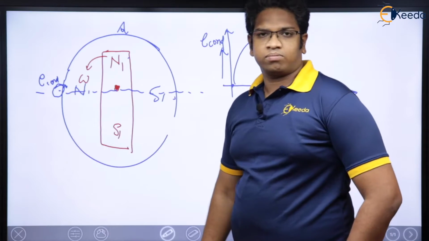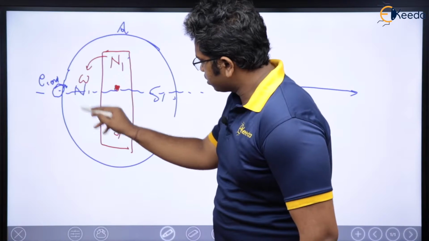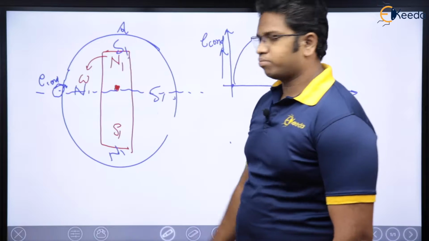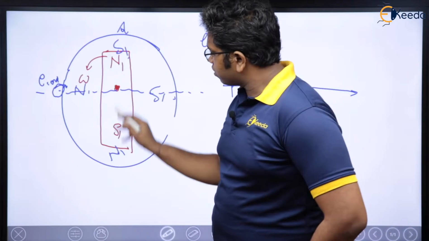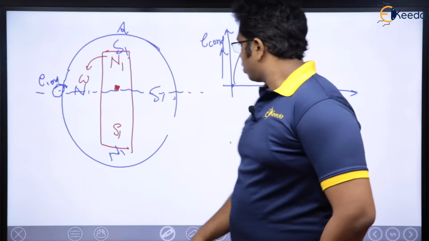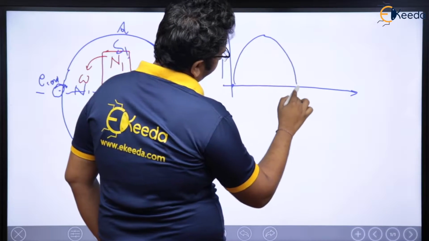Then further, if I rotate this by 90 degrees, N1 comes here and S1 goes there. Rotor poles only, right? Rotor poles only I am talking about. So if N1 comes here and S1 comes here, again it will be under interpolar axis. So again after 90 degrees, EMF is going to become 0.